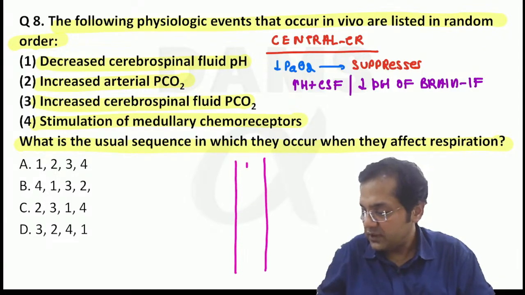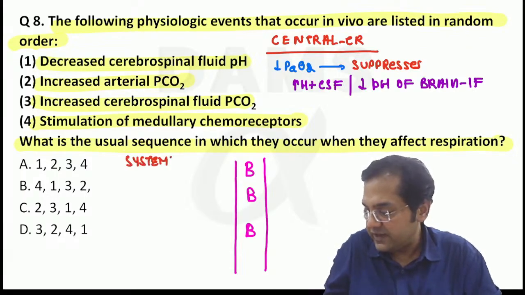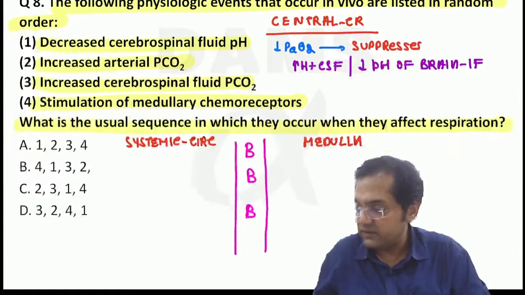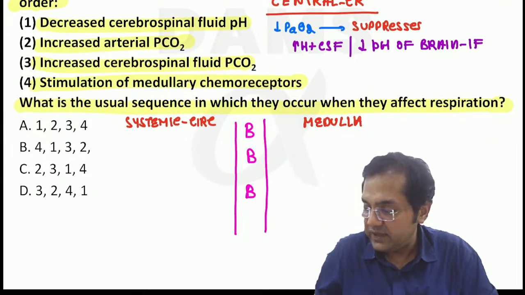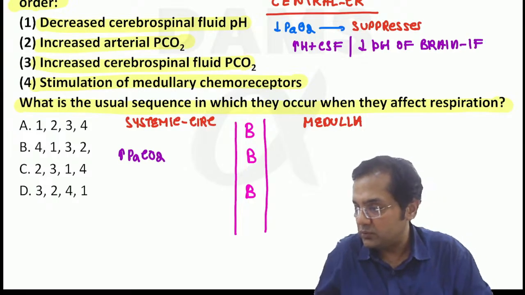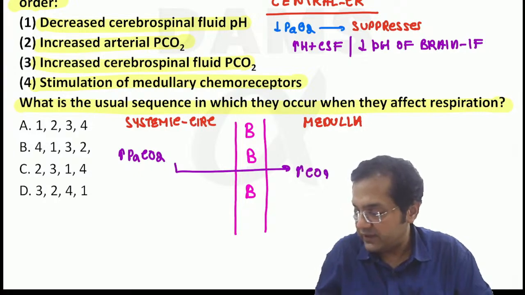Let's recap. This is the BBB, blood-brain barrier. This is systemic circulation. This is my medulla. Please look at the answer. Most of you have given me the correct one. Please see, over here there is an increase in arterial CO2. This can cross and go to the other side.